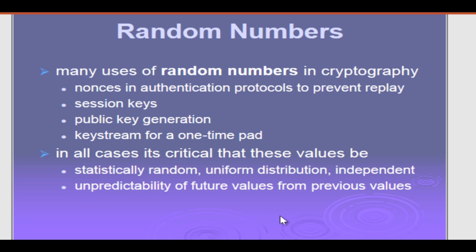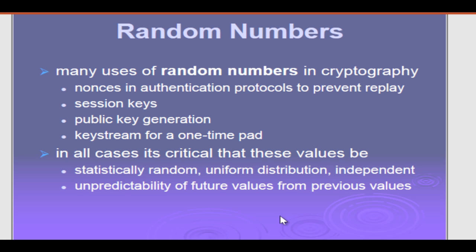And these random numbers should also be unpredictable in the future. It should be in a way that you cannot predict the future value of a random number from the previous ones. For example, if you are preparing for competitive exams in reasoning, they give some series and you need to find the next number.